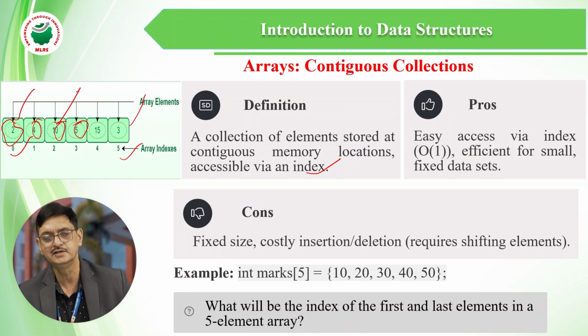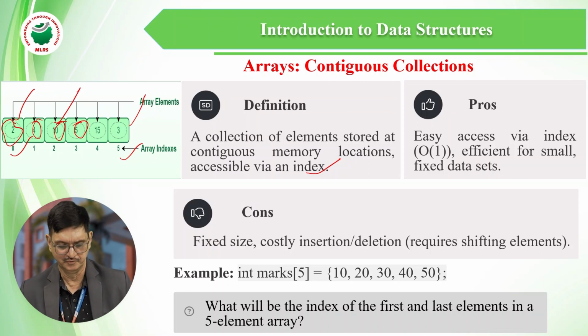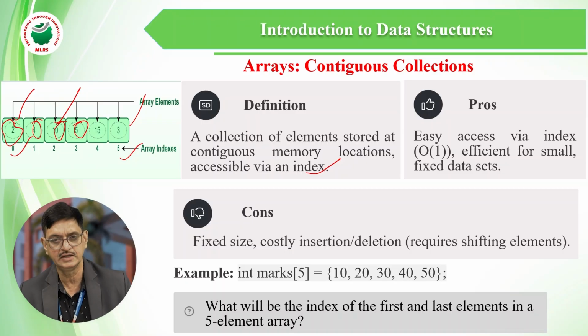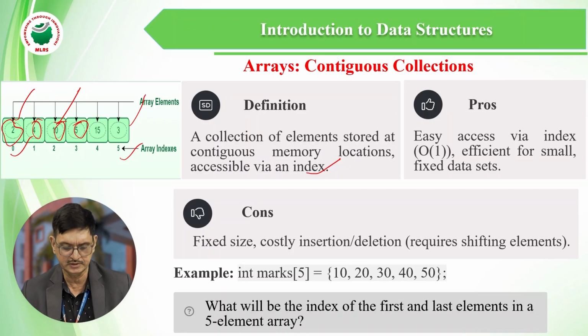But how can we identify which locations are occupied with valid elements and which locations are empty? It is very difficult to track the sequential order of the elements we stored.